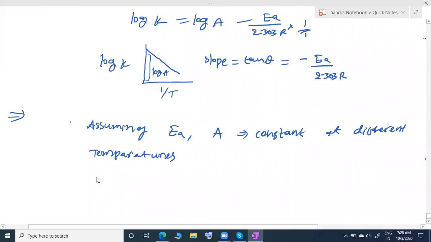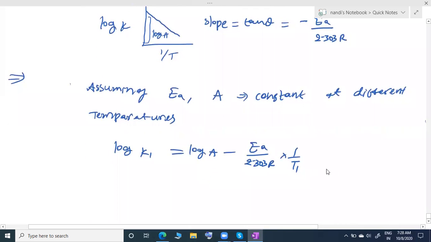So at temperature T1 I can write here log K1 equal to log A minus Ea by 2.303 R into 1 by T1. This is at temperature T1.